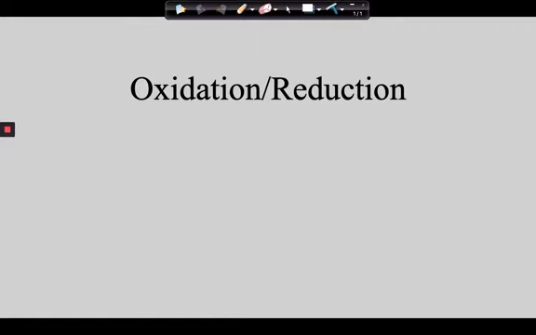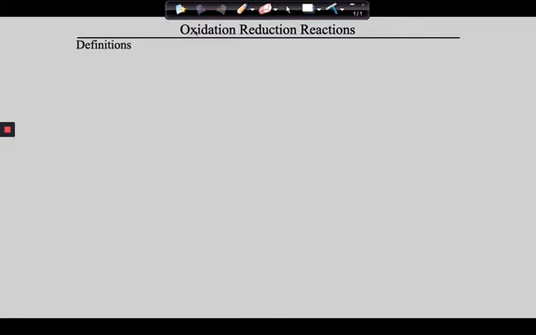You guys ready? So let's define some terms. When we talk about oxidation reduction, we've got to define the terms. So scratch this down with me. When we talk about oxidation, we are simply talking about a losing of electrons. I know you can figure this out, but we may as well write it down. When a substance loses electrons, what happens to its charge?